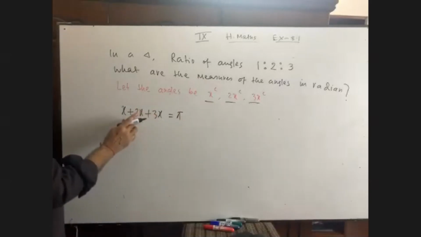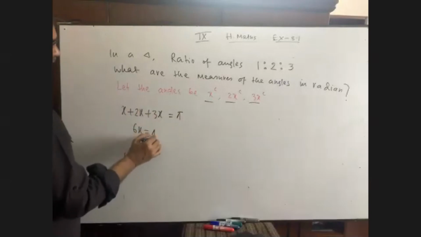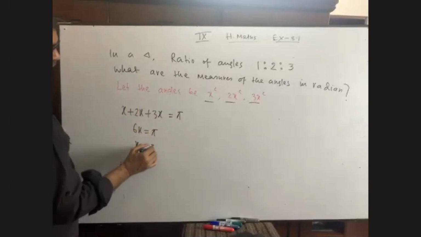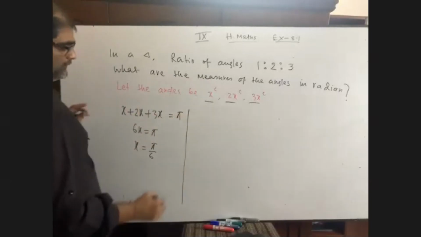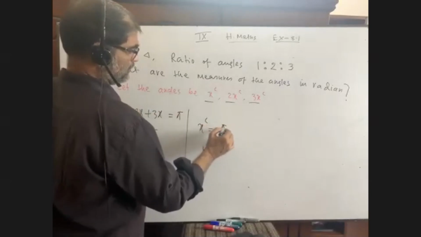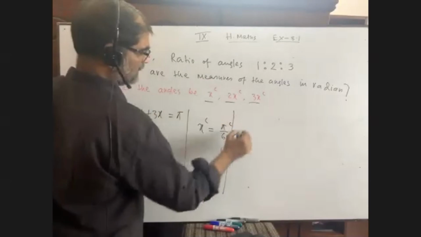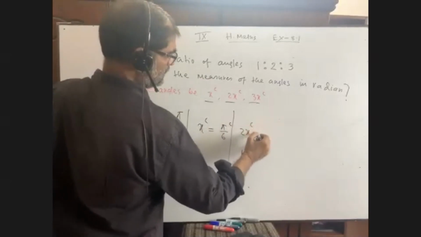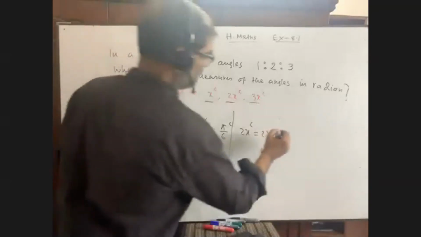Now 1 plus 2 plus 3 is 6. 6x equals to pi. That is x equals to pi by 6. So the angles are x radian, that means pi by 6 radian. The other one is 2x radian. That is 2 into, what is the value of x? Pi by 6.